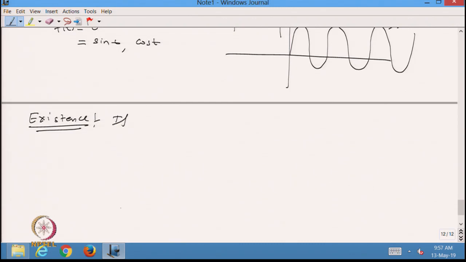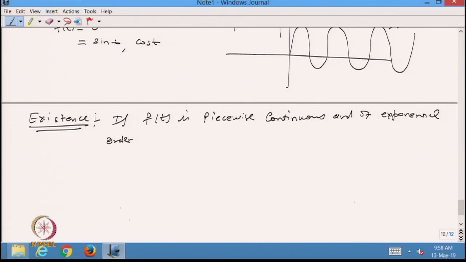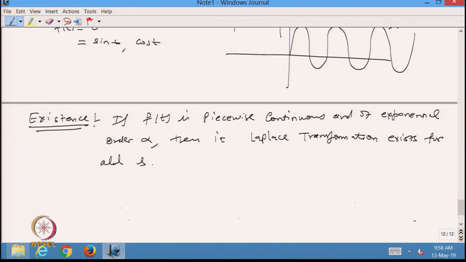In this case I will say that if my function f t is piecewise continuous and of exponential order alpha, then its Laplace transformation exists for all s sufficiently large.